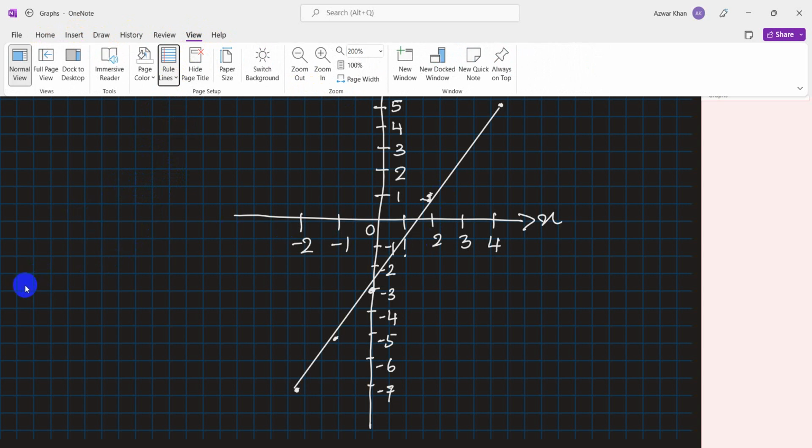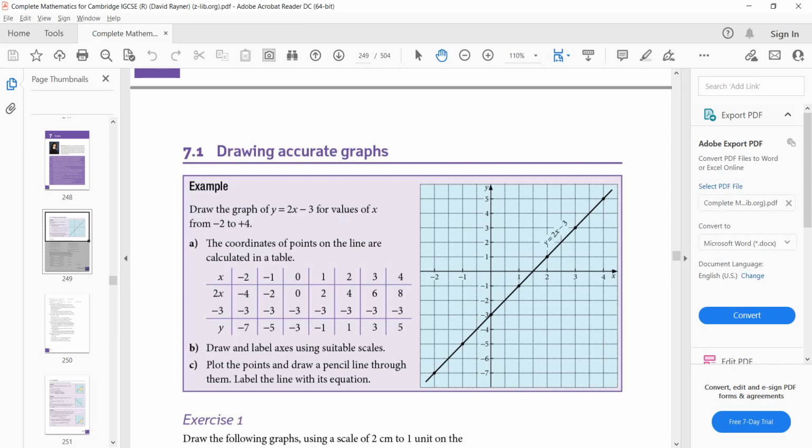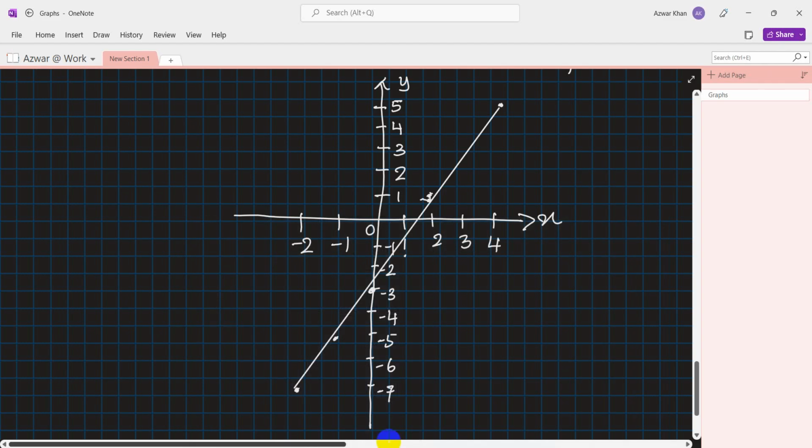With my next couple of questions, I will draw using this particular paper so that it will show a more accurate way. So this is my straight line or the graph, which is y equals 2x minus 3. So let's do another question.